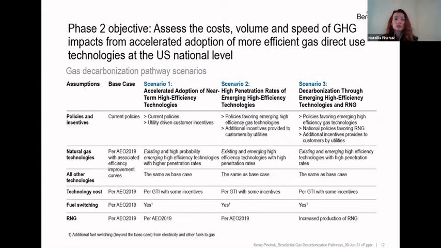Scenario 1 was what happens if we accelerate adoption of near-term high-efficiency technologies. Scenario 2 was even higher acceleration, and we included newer technologies as well. What happens if they mature faster and the penetration rates are higher? And the third scenario was essentially the same as the second, but we also tried to look at what happens if we can also introduce RNG, or renewable natural gas, and what kind of impact on greenhouse emissions you would have.